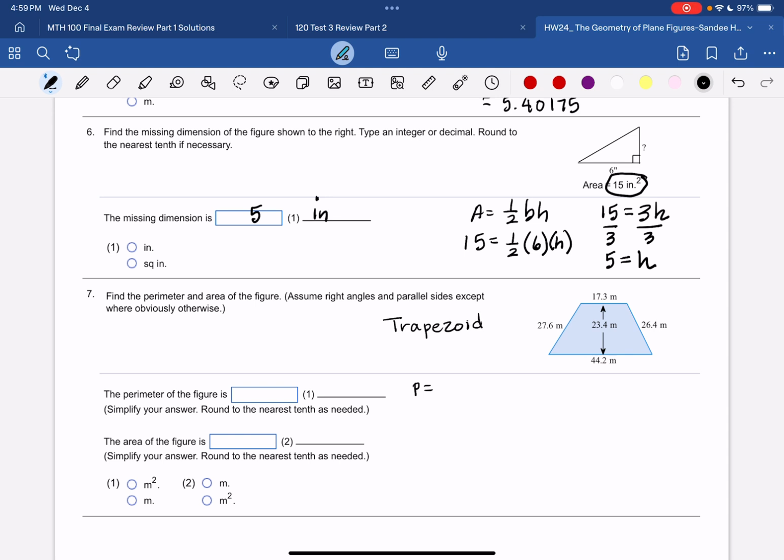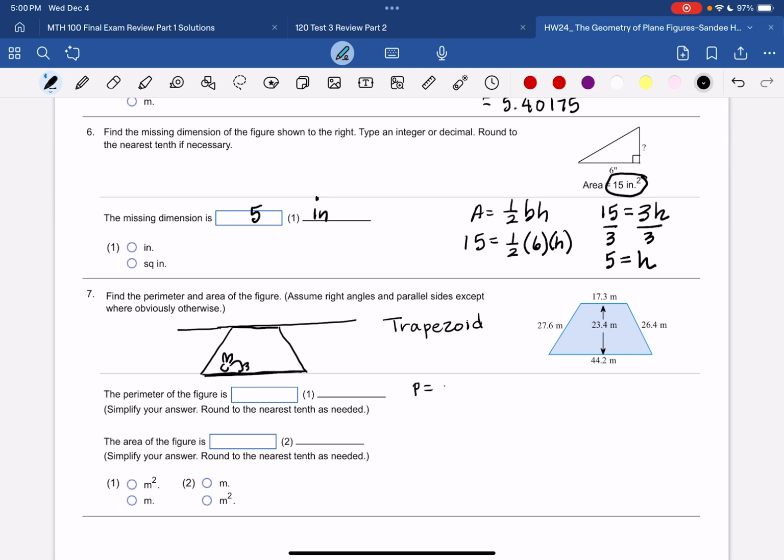Not so much by this picture, but if you can imagine, you have the ground and then there's a pit dug into the ground where 2 sides are parallel and 2 sides are not. If this was a trap and there was an animal in there, it would be nearly impossible for them to climb out. And that's why it's called a trapezoid.